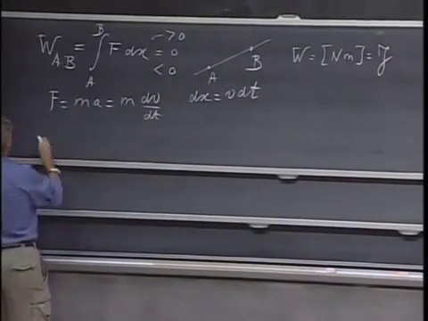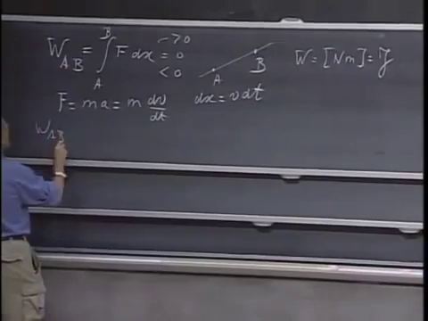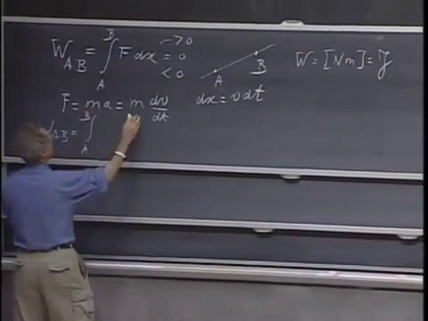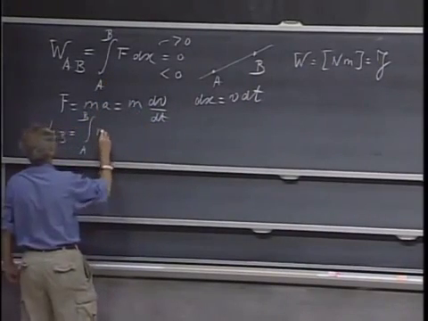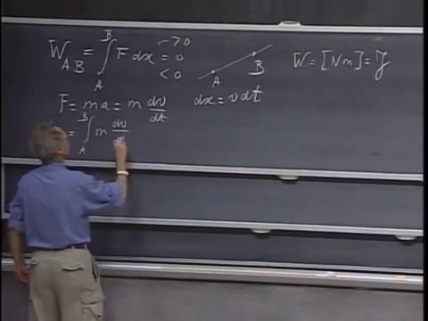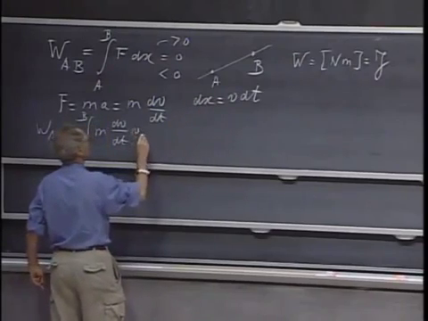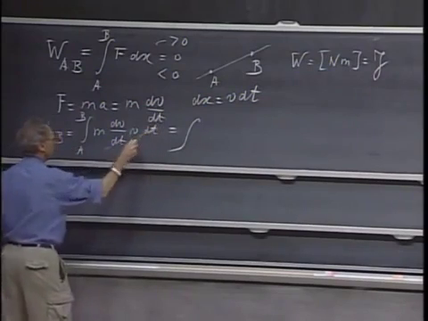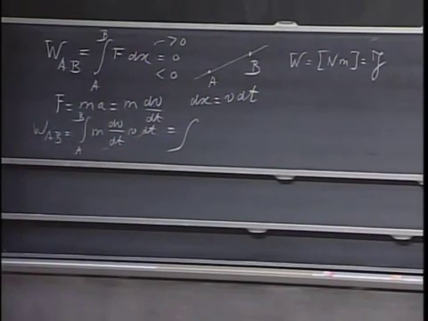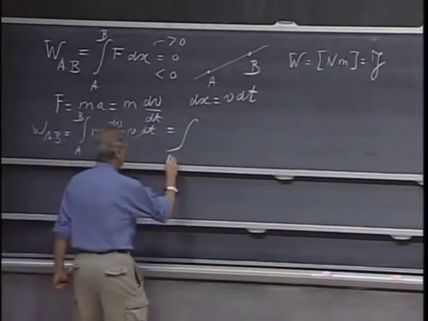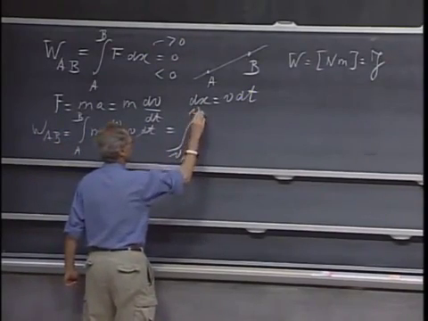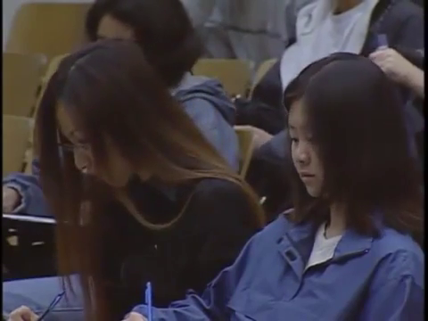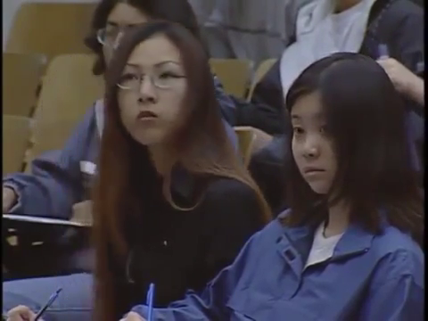I substitute that in there, so the work in going from A to B is the integral from A to B of the force, which is m dv dt, times dx, which is v dt. And look what I can do. I can eliminate time, and I can now go to an integral over velocity, from velocity VA to velocity VB, and I get m times v times dv.